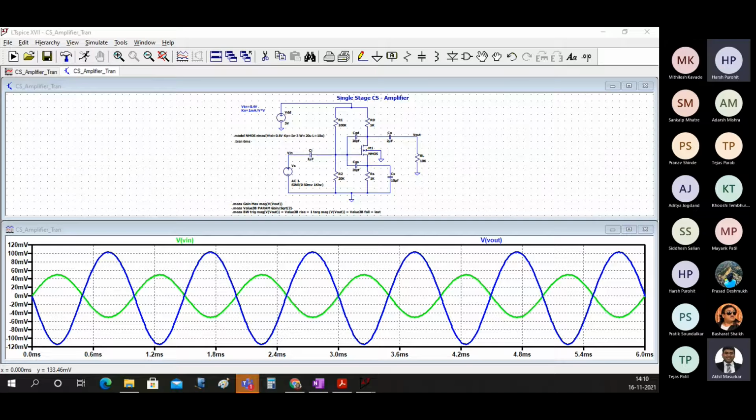Sir, I changed it to NMOS 4 and grounded the circuit. Then it is showing the same error. So now you share the circuit with me and share that error with me. Yes, sir.